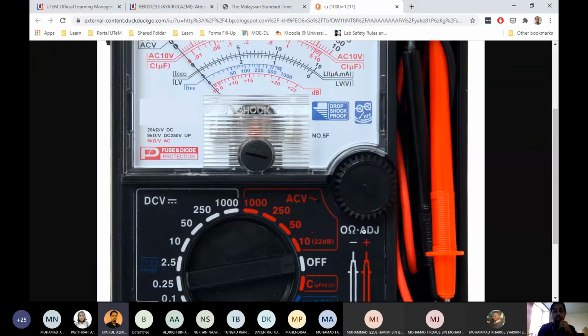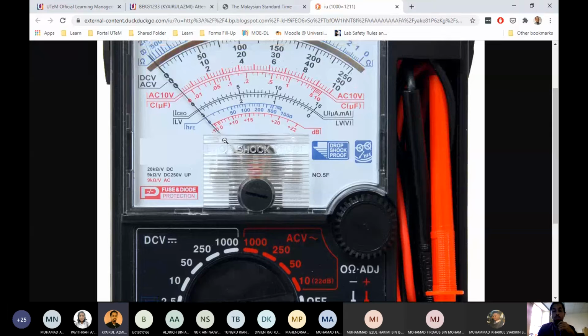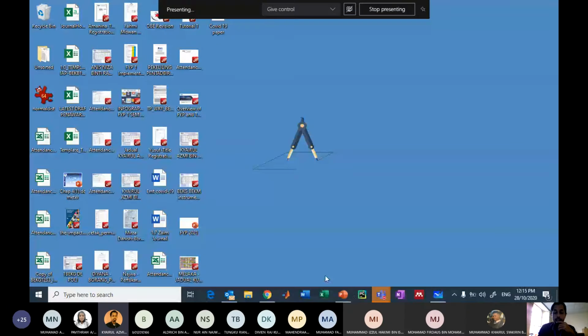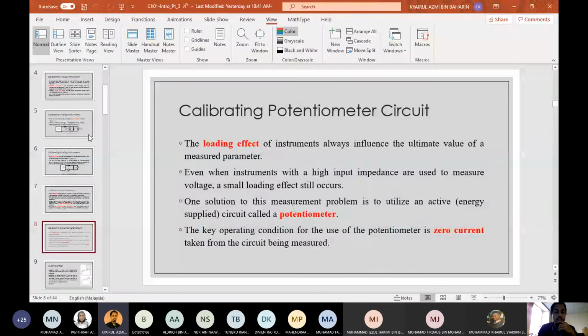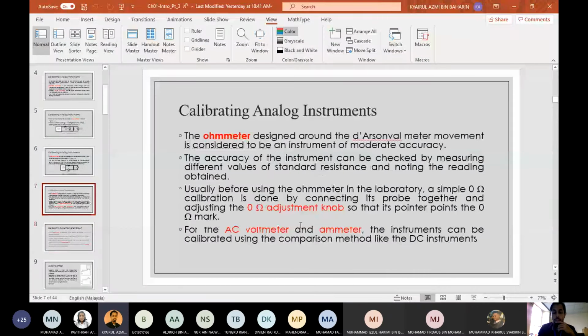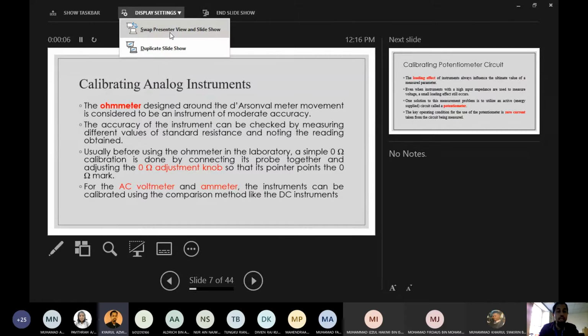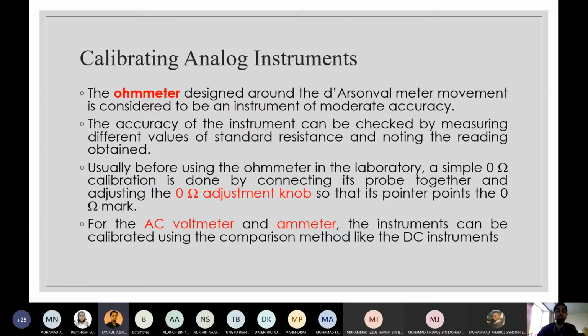It has a label of ADJ, that means adjustment. So you can adjust using this knob so that the needle points on top of the 0 scale. This is what is meant by the statement here, 0 ohm adjustment knob. So for the AC voltmeter and ammeter, the instruments can be calibrated using comparison methods, just like what I have shown just now.